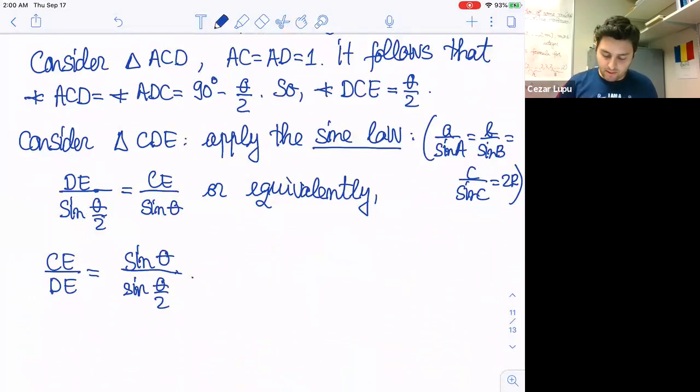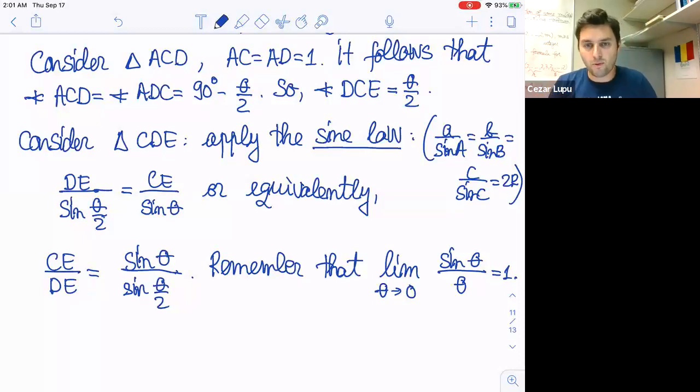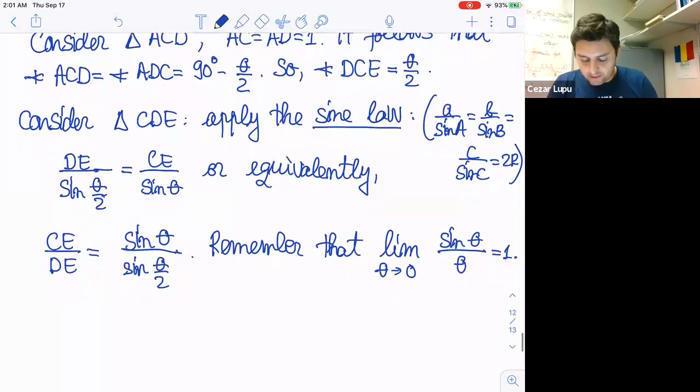Remember that from Calc 1, the limit as theta approaches 0 of sine of theta over theta is 1. Keep that in mind. This is a very important limit. It's one of the most important trigonometric limits, and it's usually taught in Calc 1, right? So now let's evaluate.